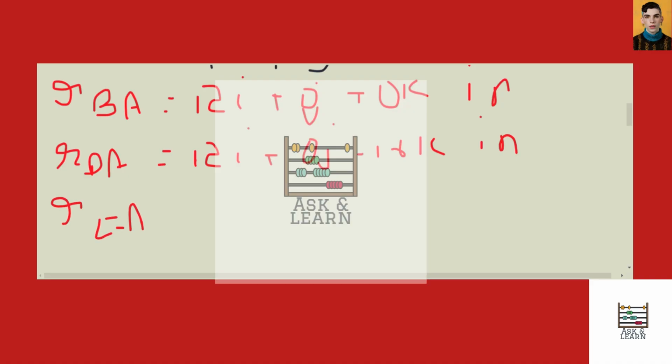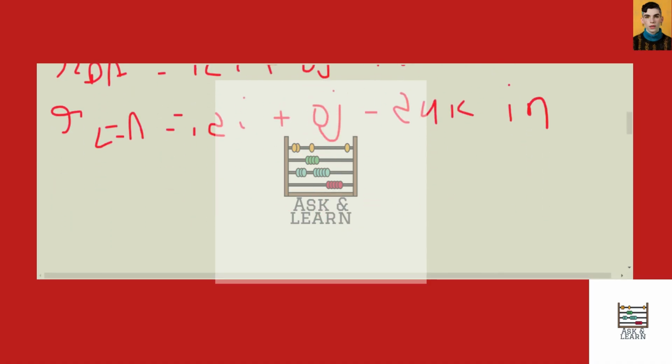REA is equal to 12I plus 0J minus 24K inch, and RFA is equal to 12I plus 0J minus 32K inch.